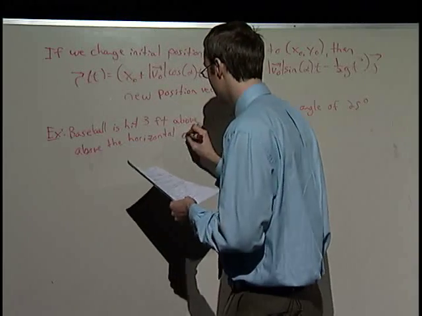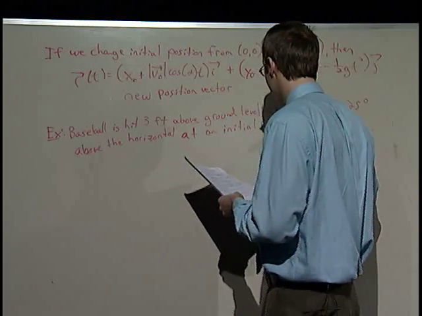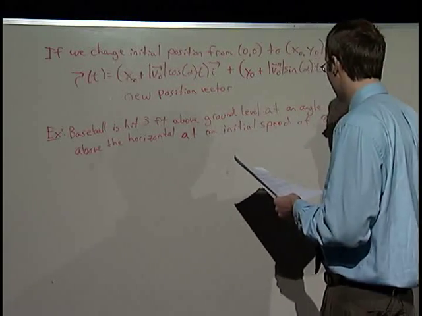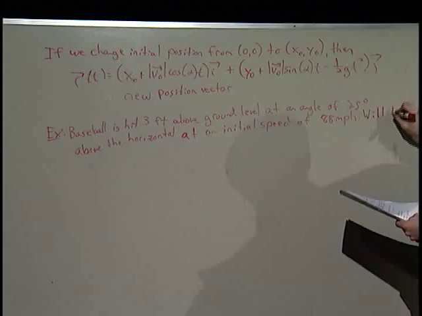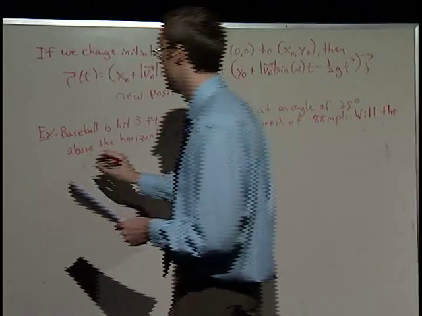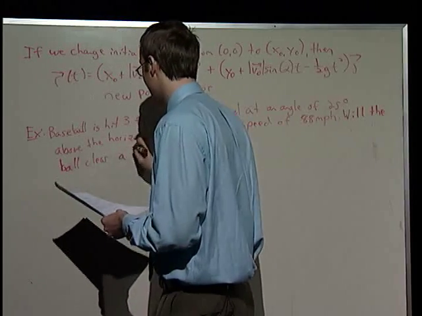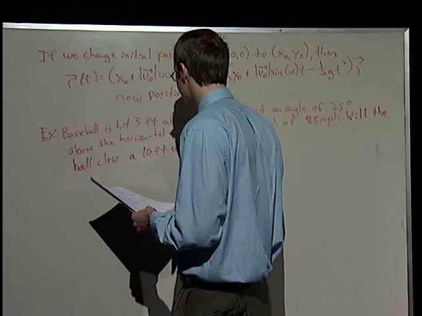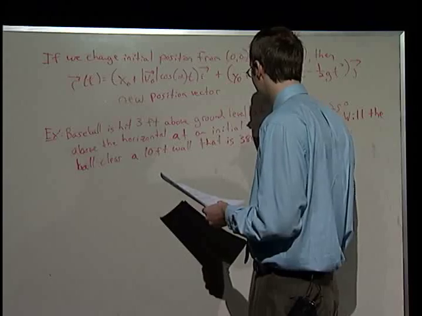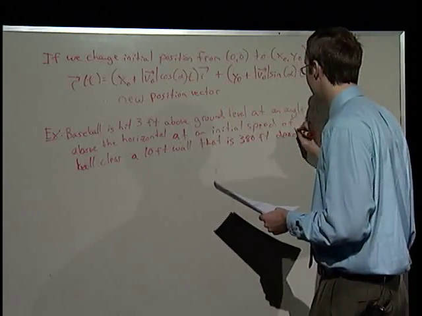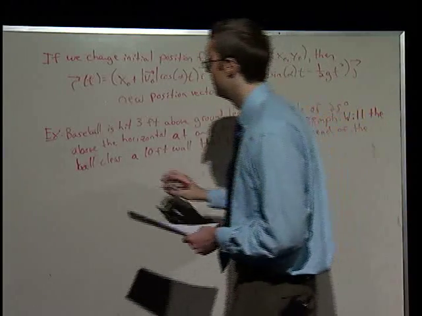And let's say this guy really got a hold of this one, and so its initial speed is 88 miles per hour, right? So the question, on everybody's mind, is: will the ball clear a 10-foot wall that is 380 feet dead ahead of the batter, right?